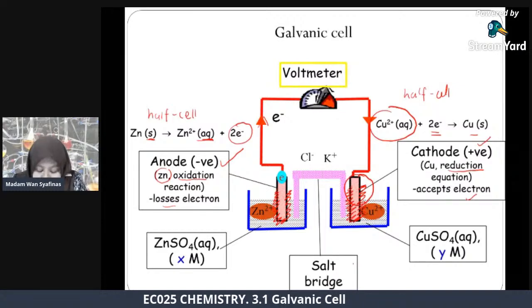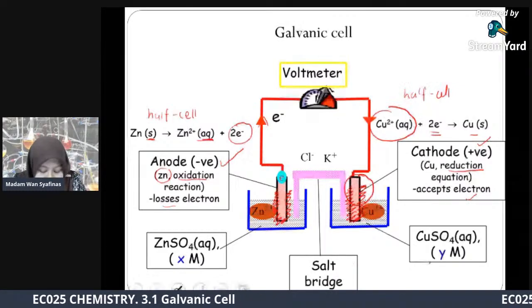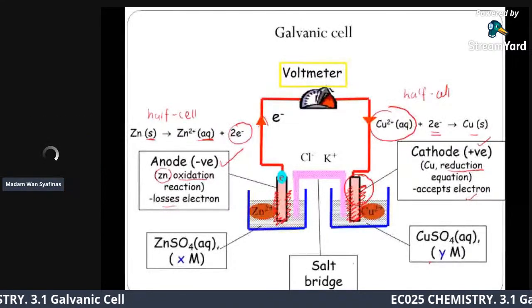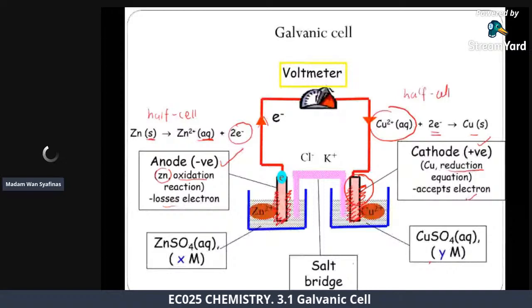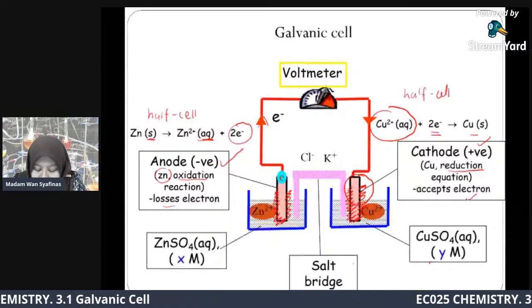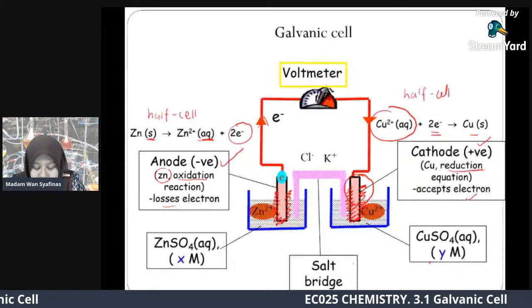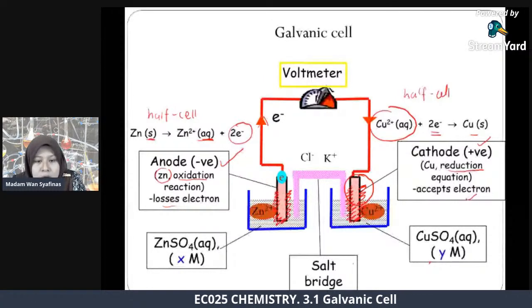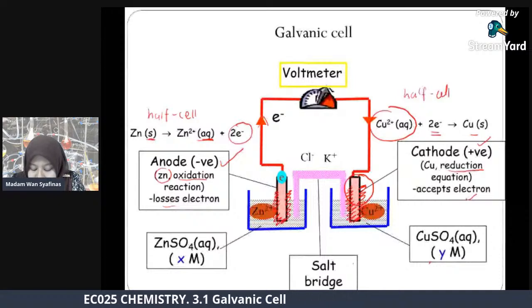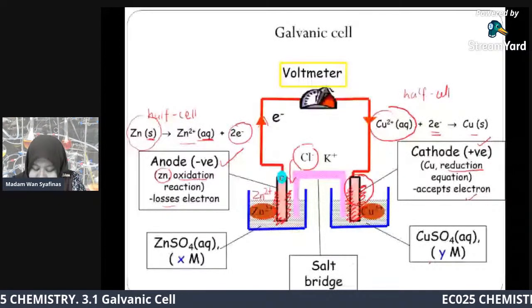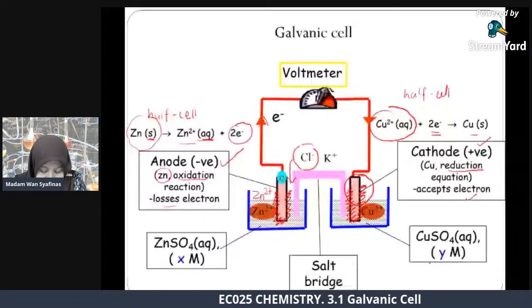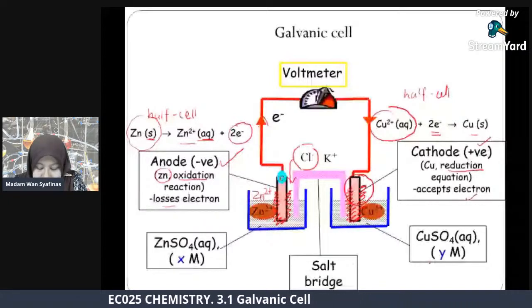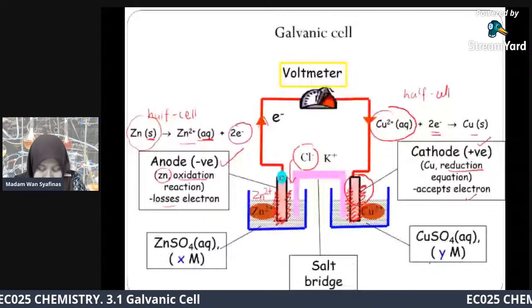If we look at the left side, where zinc solid undergoes oxidation, Cl minus will move to the left side, into the electrolyte, to maintain the neutrality, while K plus will go to the cathode. Here is the movement of electrons.